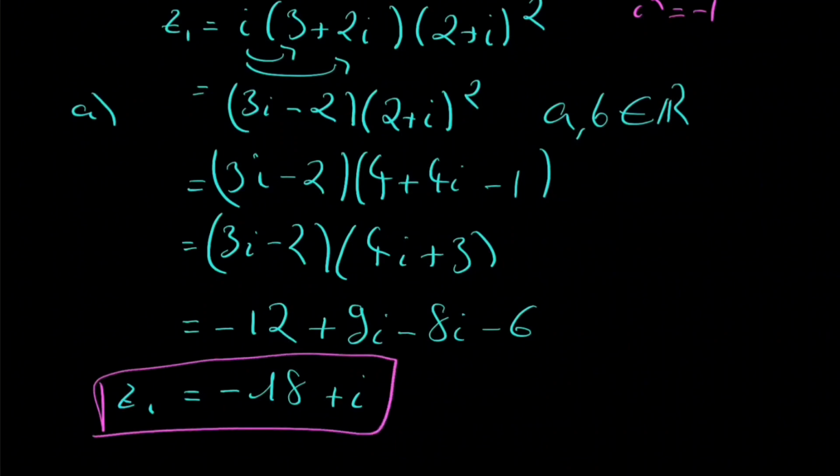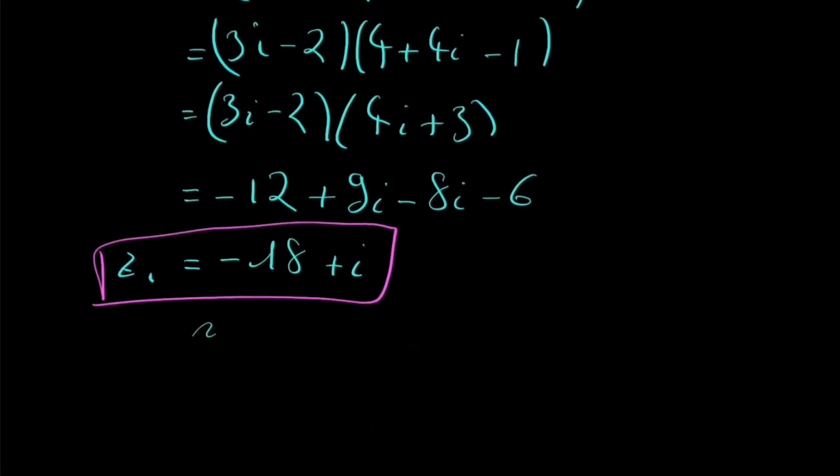We want now to find the conjugate of z1. So z1 conjugate. Let's remember that when a complex number is written into its algebraic form, so z is always written as a plus ib, with a, b real numbers. So when we want to find the conjugate, it's really easy.